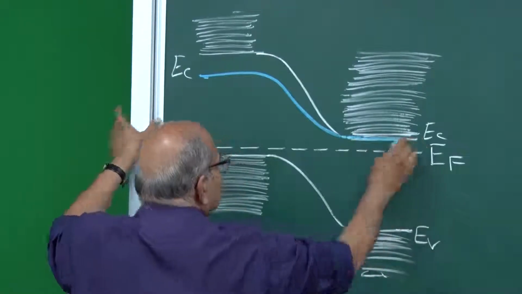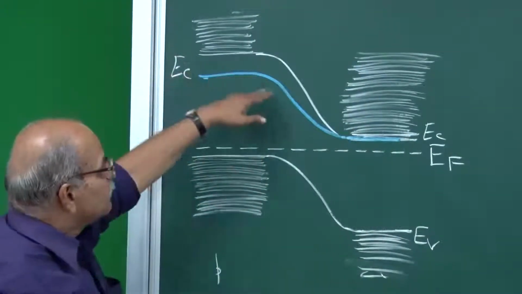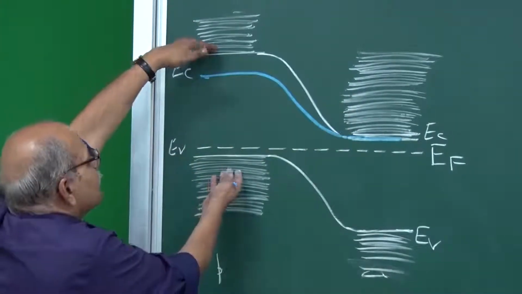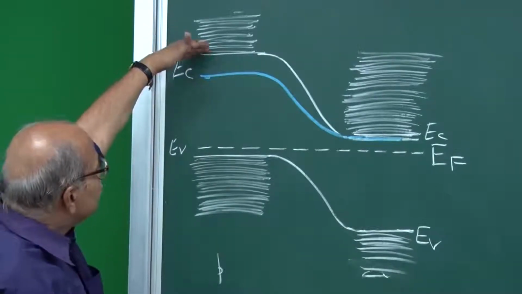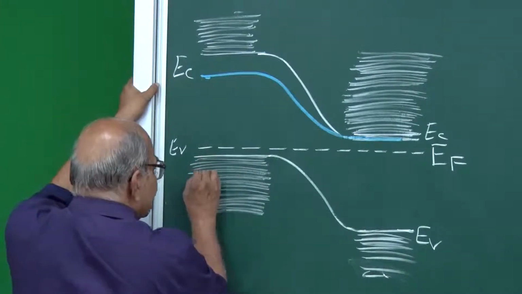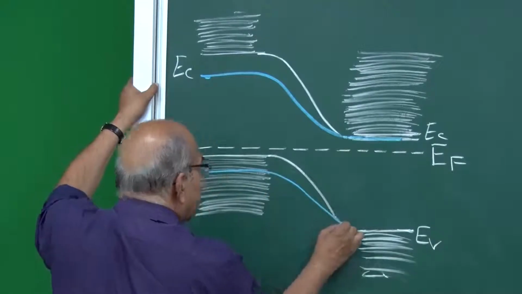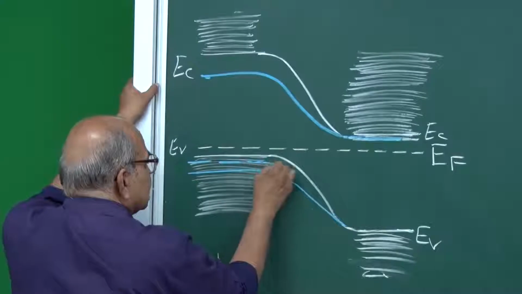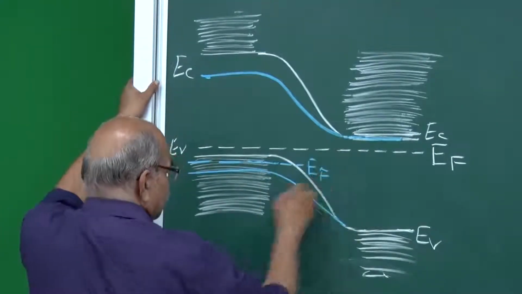It's all relative. The whole thing can be shifted up, shifted down. So by applying a voltage which is presumably small as compared to this, your new EC comes here, your new EV comes here. And the Fermi level also comes down. Here is the new Fermi level for the P side.